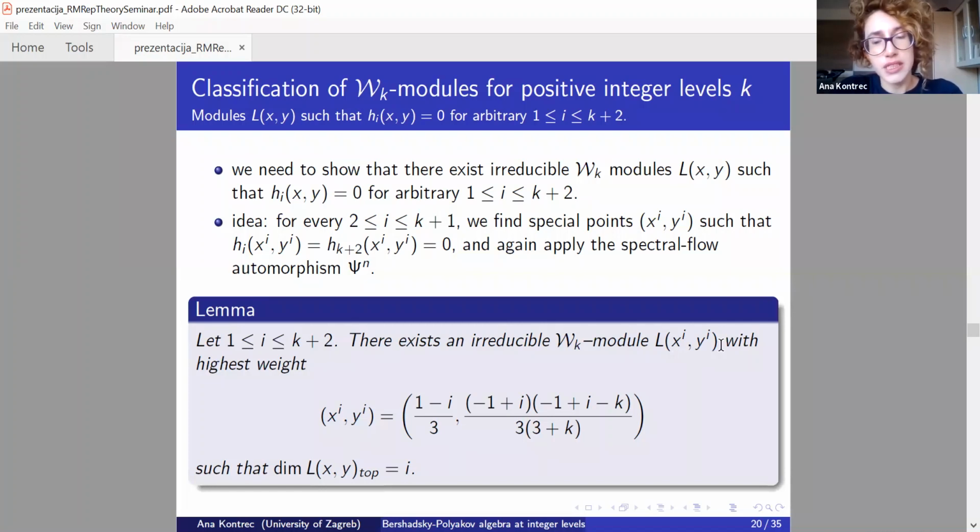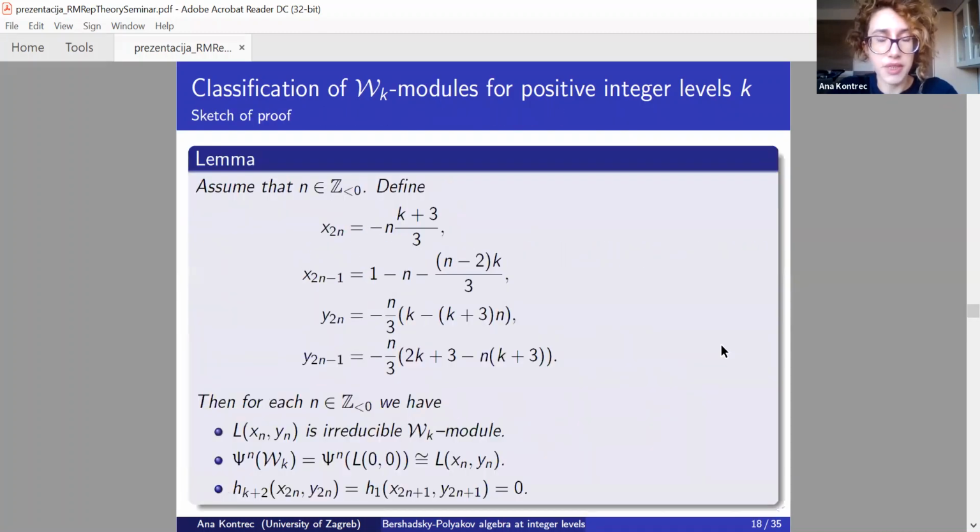And once we get this point, which we know is the highest weight, then we can do the same construction we had before, do the recursive relation by acting with the spectral flow automorphism, and then we get in the same way this infinite family of points.